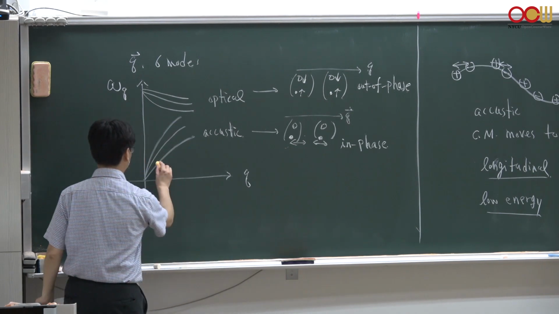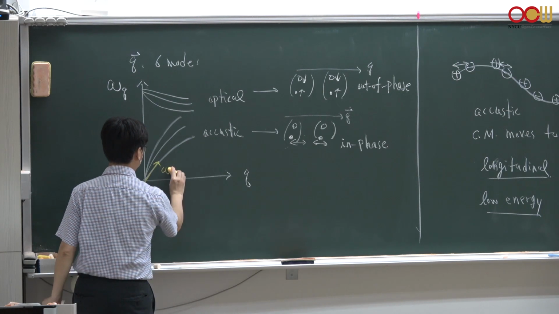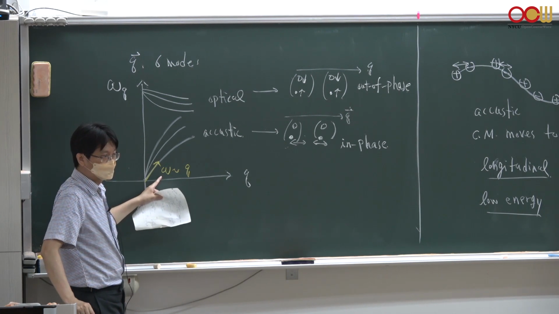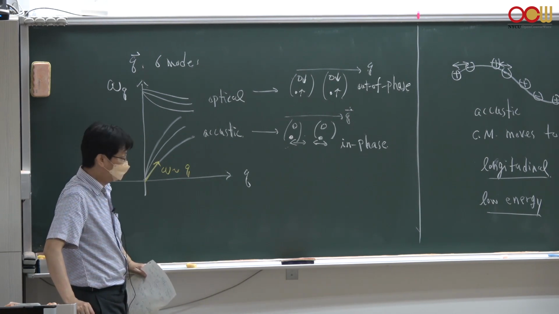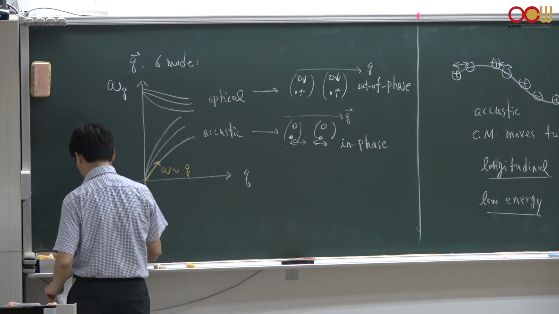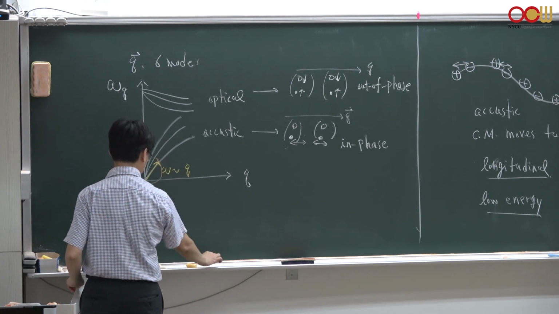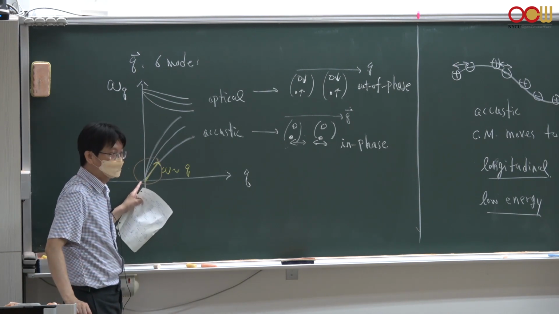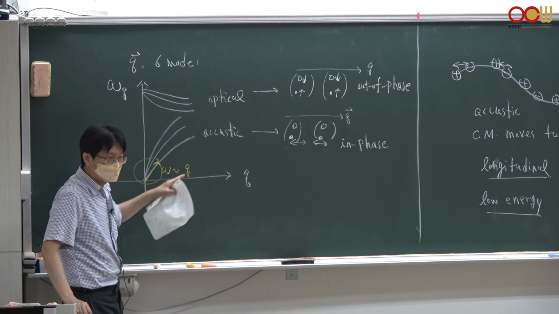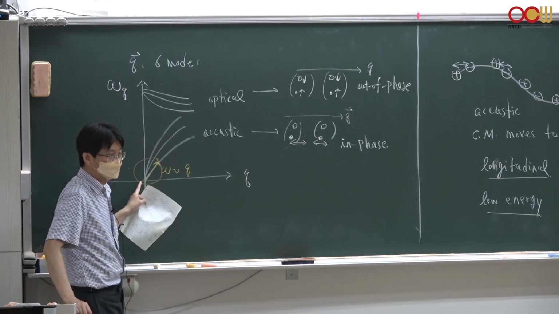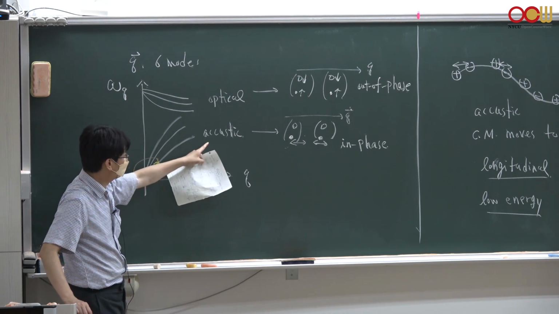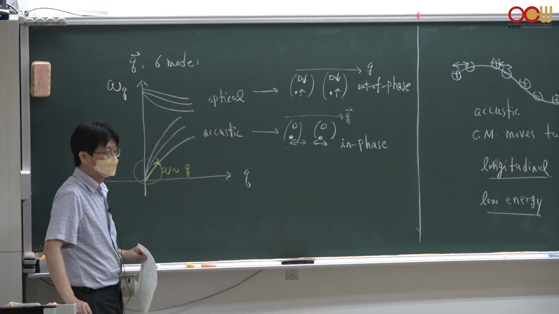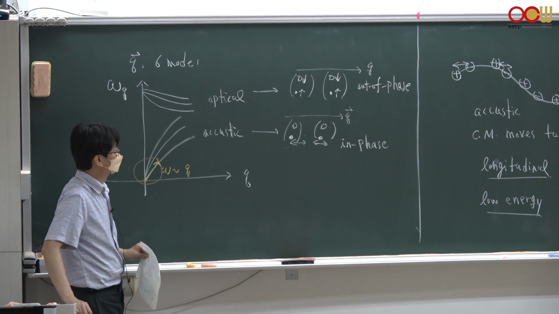For the acoustic phonon modes, the phonon energy, omega, or frequency, is linearly proportional to the momentum q in the low momentum or low energy limit. This becomes very useful for later calculations of thermodynamic properties. And we will see why we call these low energy 3 modes acoustic phonon modes, and why we call the high energy modes optical phonon modes.